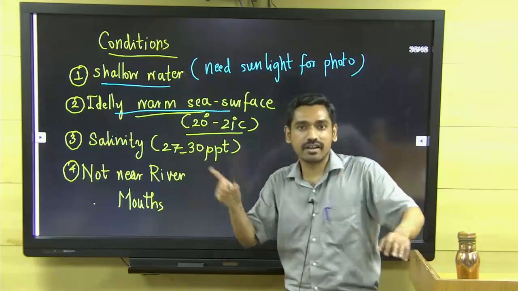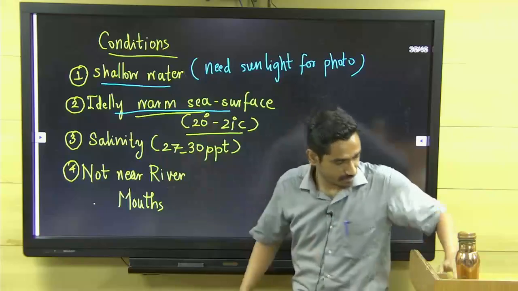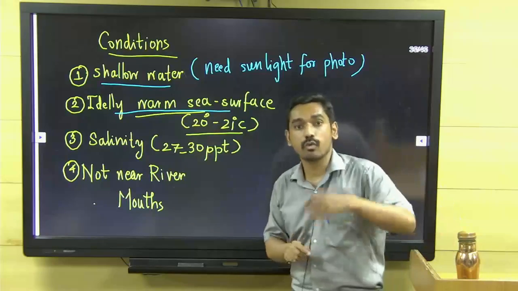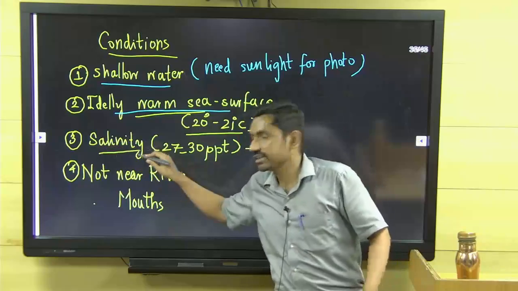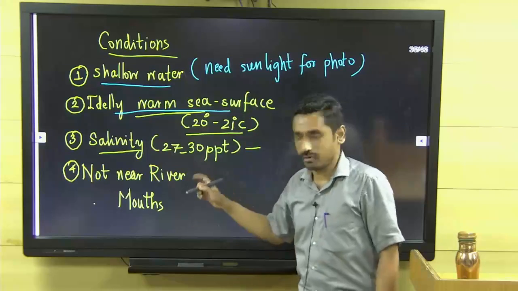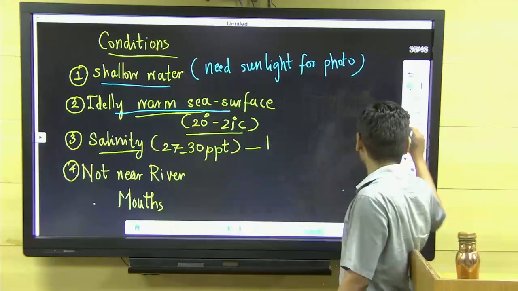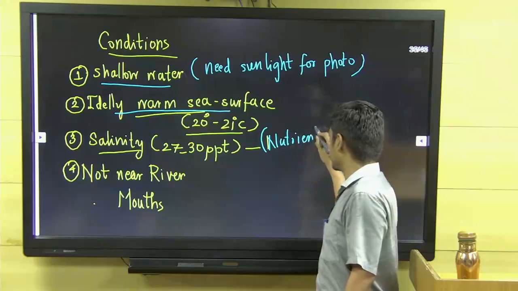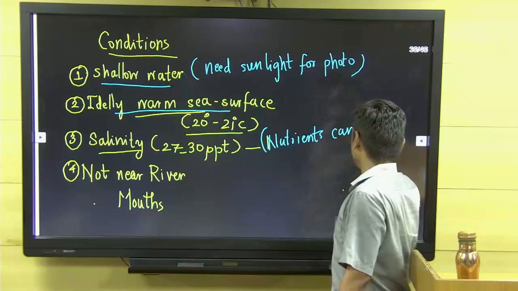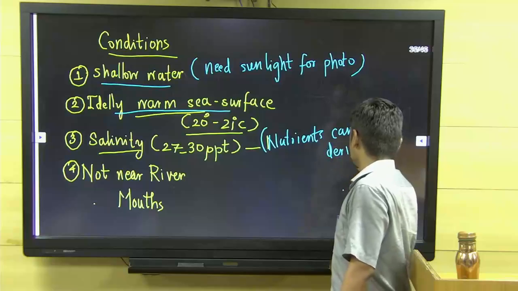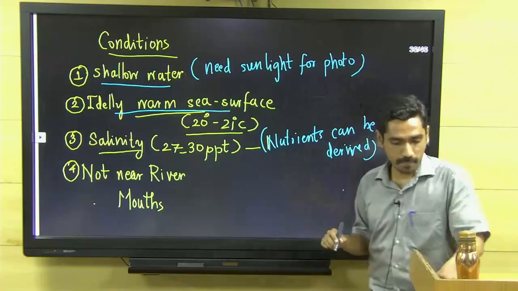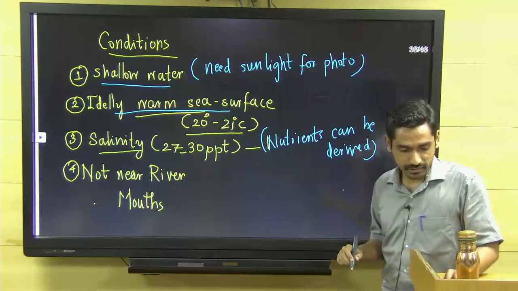There is a reasonable range of temperature. Number 3, salinity of 27 to 30 ppt. Why? Salt content means nutrients are available, so nutrients can be derived. You need calcium, no? So for calcium, you need a reasonable level of salinity.